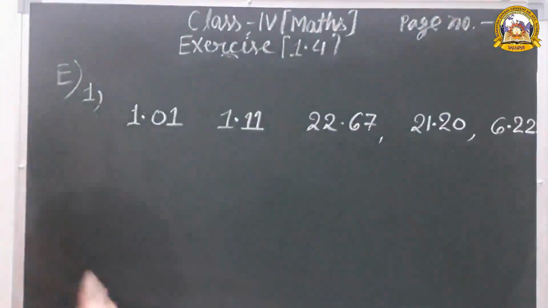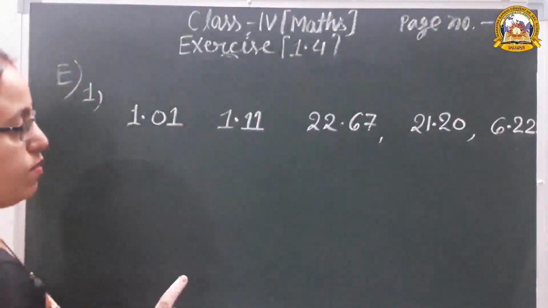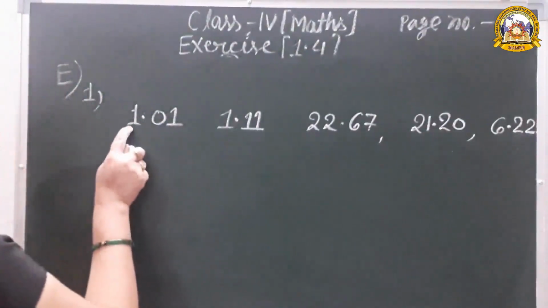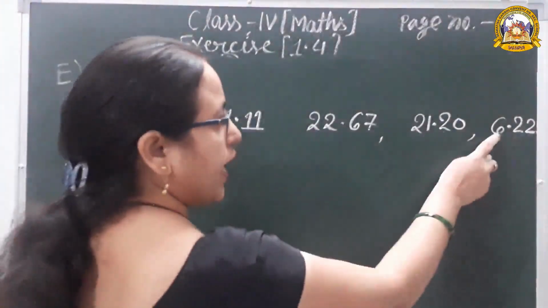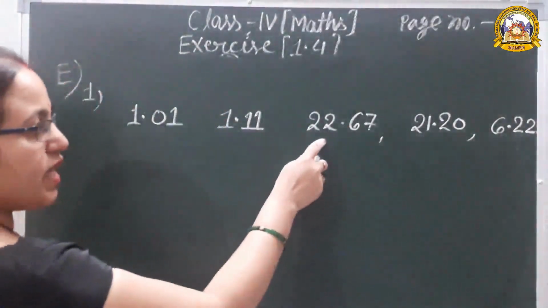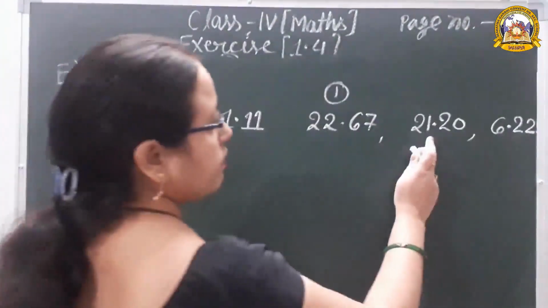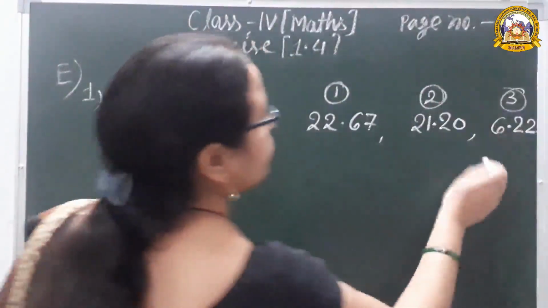Okay, now first we have to find the biggest number. So which one is the biggest number? Check out all the whole parts in the decimal numbers. Here the whole parts are 1, 1, 22, 21 and 6. 22 is the biggest number among them, it will come on the first position, then 21 on the second position, then 6 on the third position.